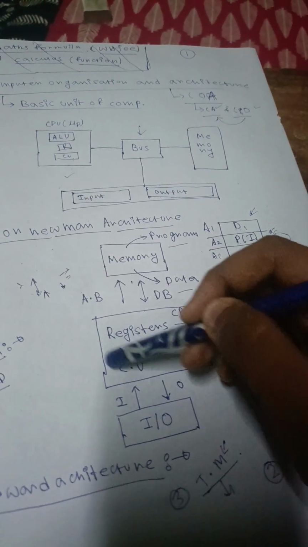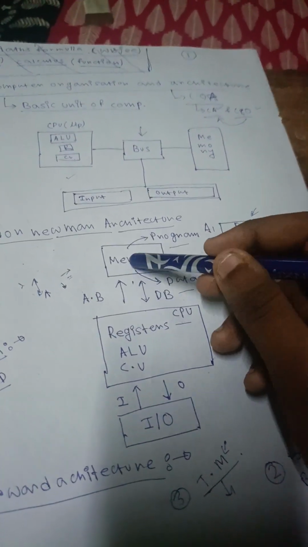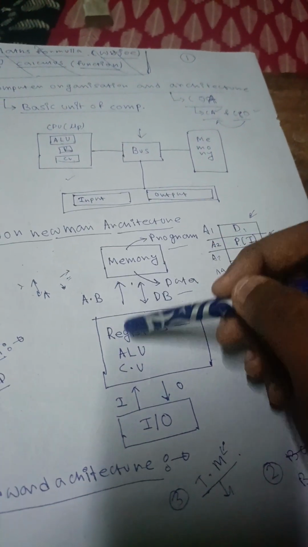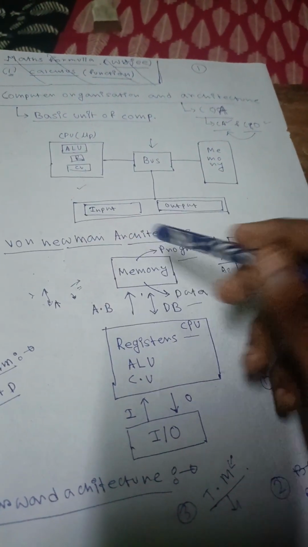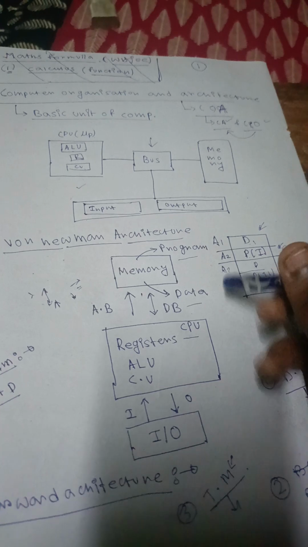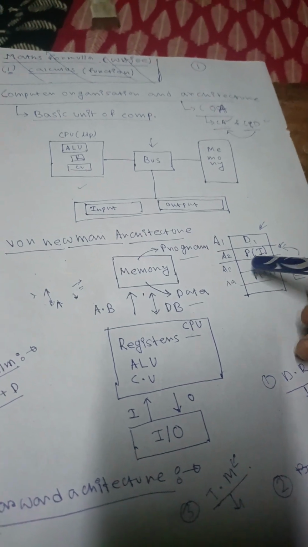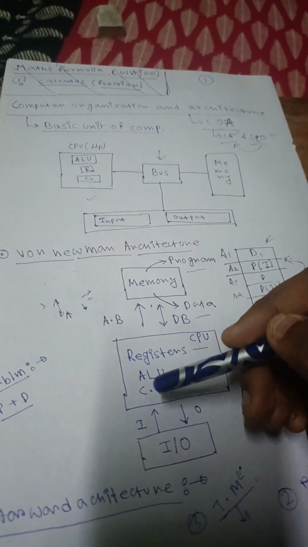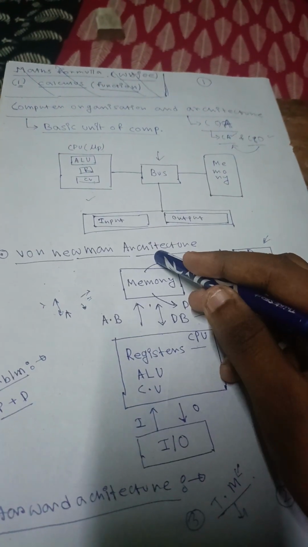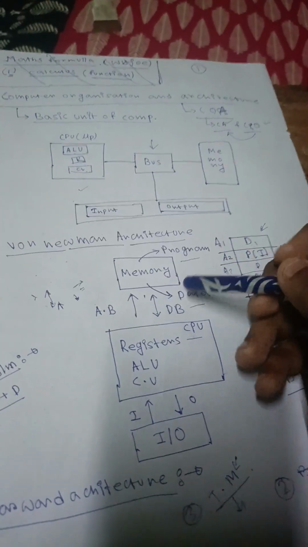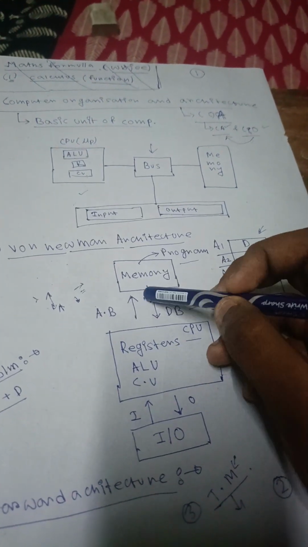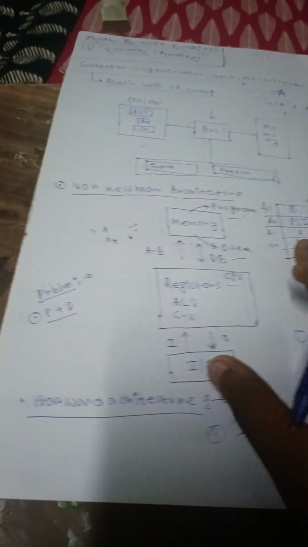We give input to the CPU and get the output. From the CPU, addresses go to the memory, deciding where to put the data. So the address bus connects the CPU to the memory, and there is also a data bus, where data goes from memory to CPU and CPU to memory. I hope it is clear.